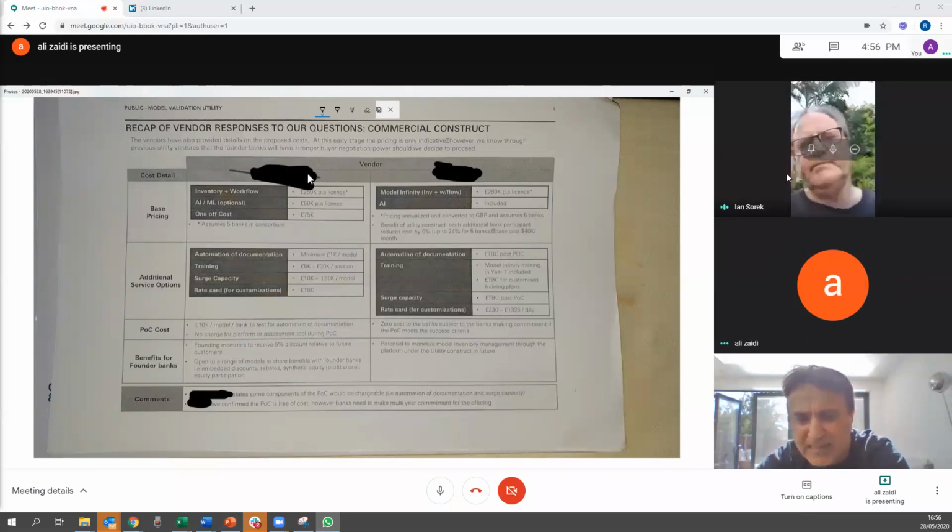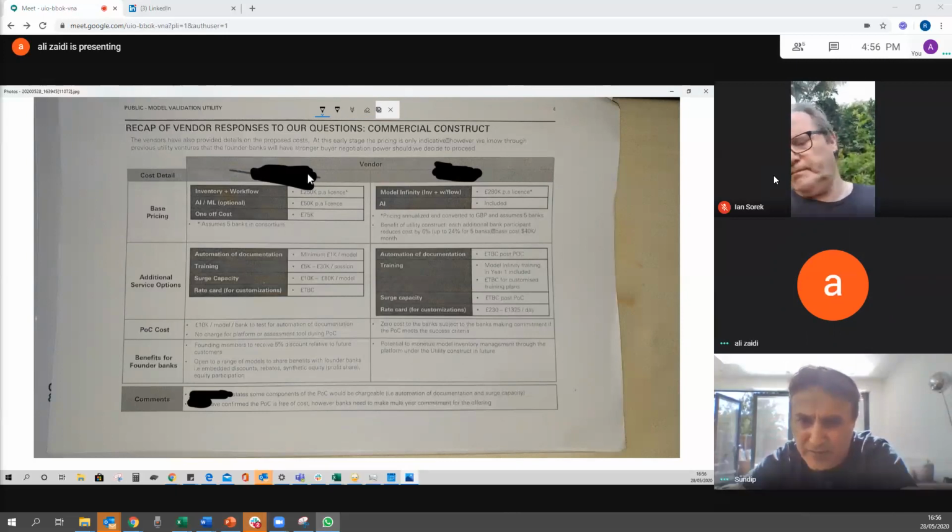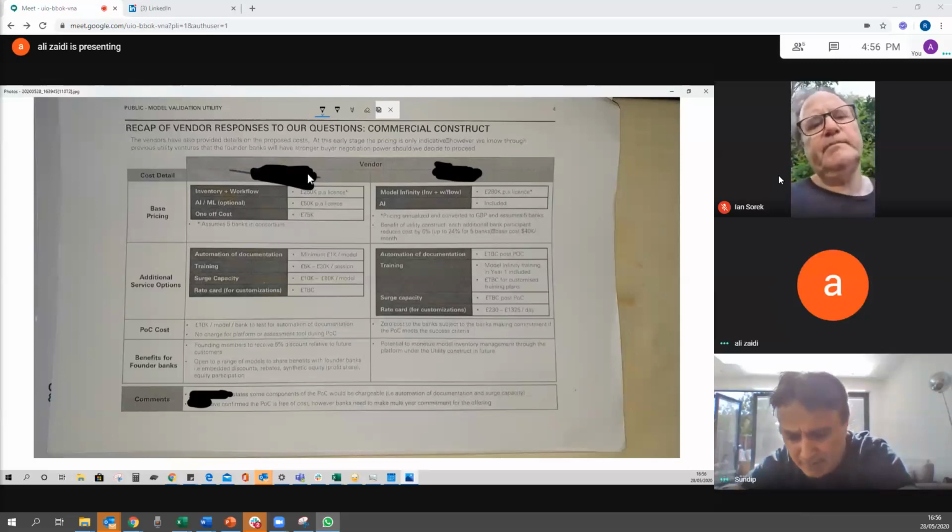I'm assuming this is what you're trying to find, a construct for Raj's product and how it's priced. Yes, exactly right. The topic I showed to Ali was that we were looking at different tiers because we have dependencies. And Ali told me that when you go to a bank like HSBC, they would not like to hear that you get this at X plus Y plus Z plus ABC plus something else.